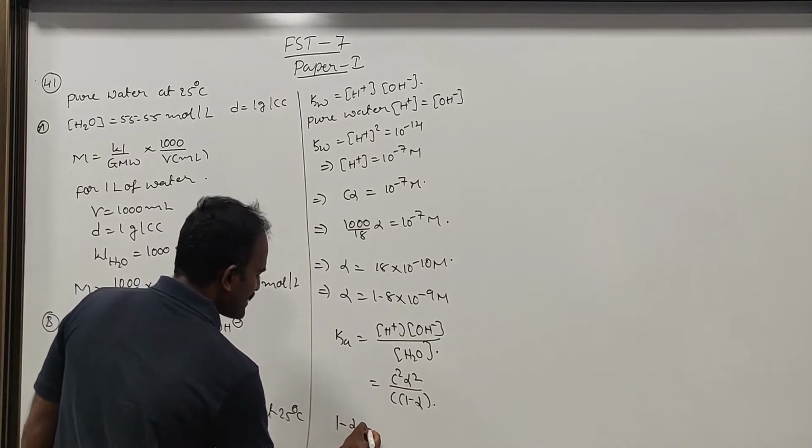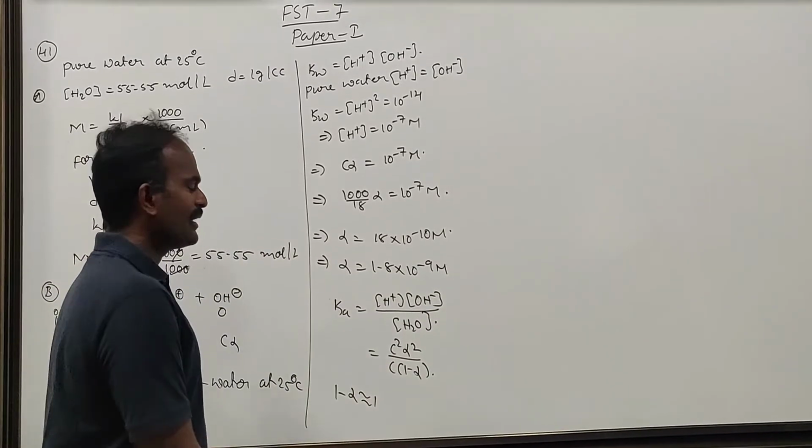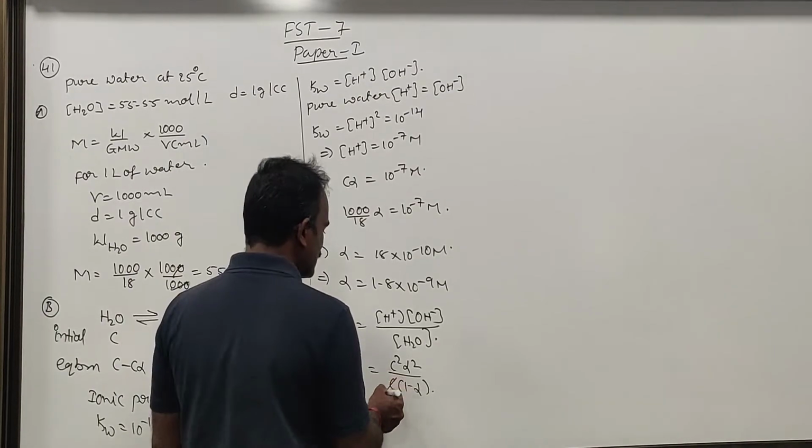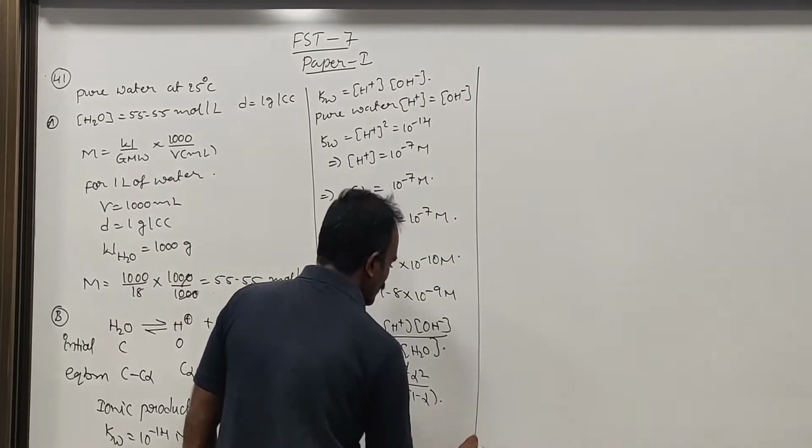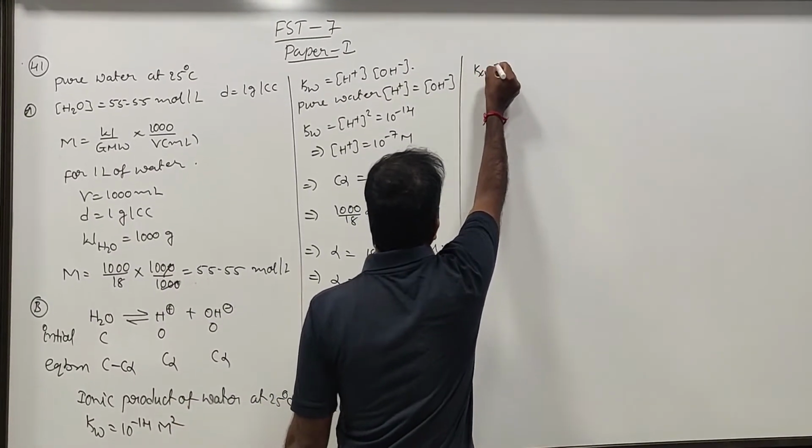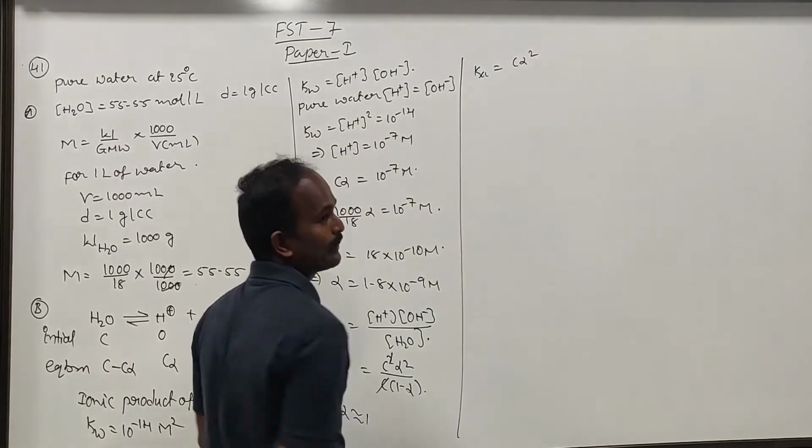But 1 minus alpha is approximately equal to 1 because the degree of dissociation of water is very, very less. Here C gets cancelled, therefore Ka is equal to C alpha square.